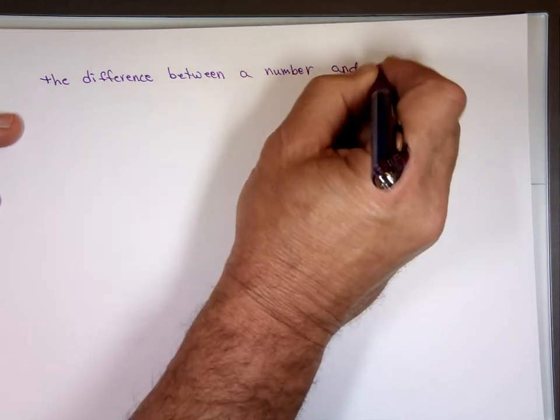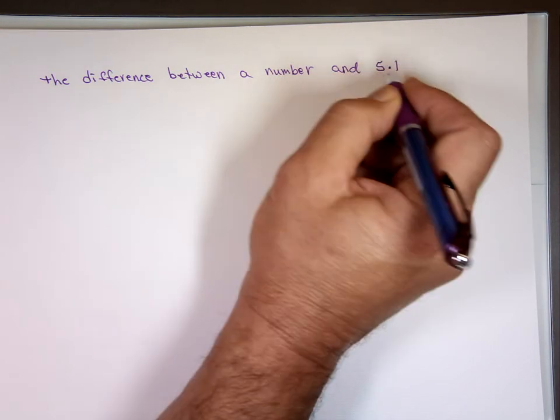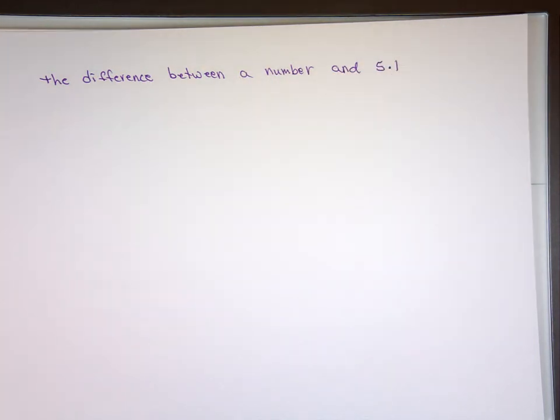How would you write the algebraic expression for this? The difference between a number and 5.1. That's the statement. Change it to an algebraic expression.